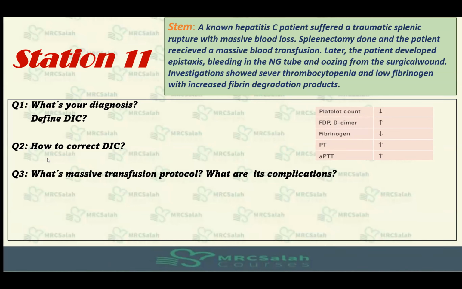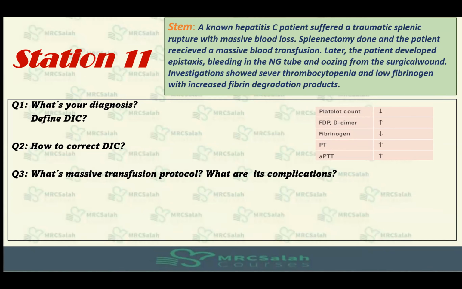So can you tell me what's the massive transfusion protocol? It is replacing the whole circulating blood in the patient within 24 hours, or replacing more than 50% of the patient's blood within 4 hours. It has complications like hyperkalemia, hypocalcemia, volume overload, cardiac failure, acute hemolytic reaction, graft versus host disease, and also acute lung injury.